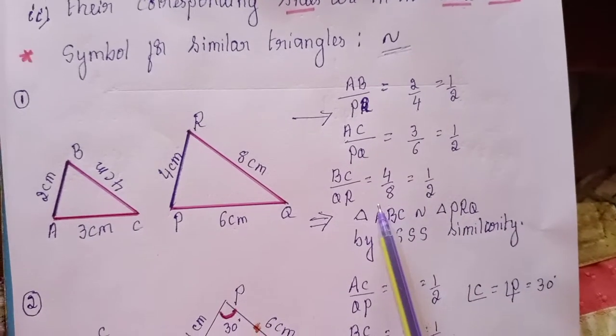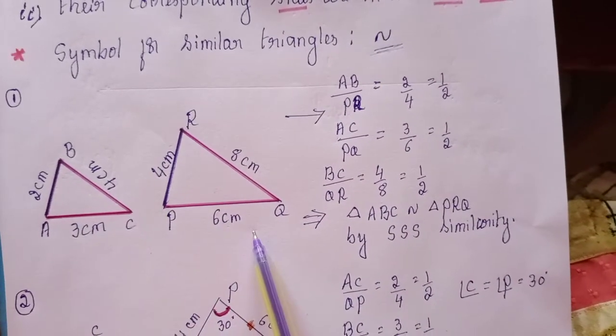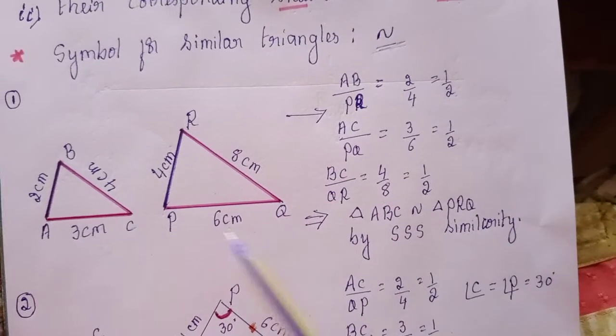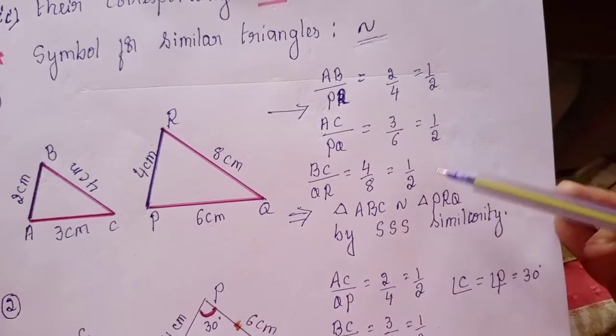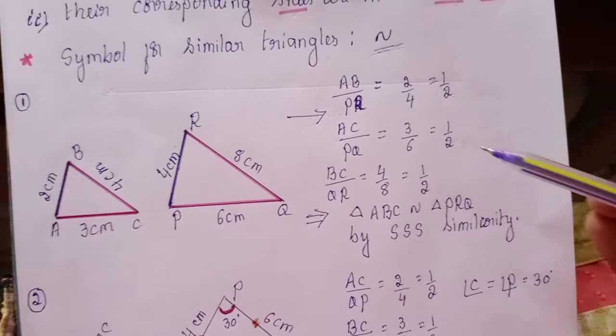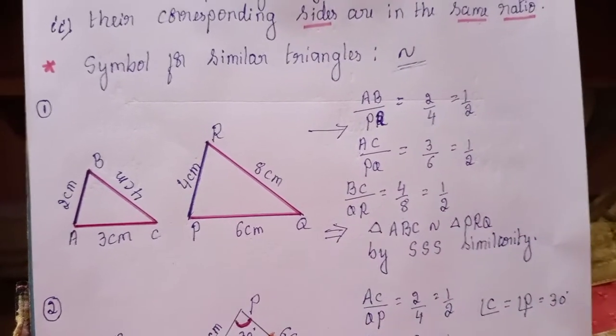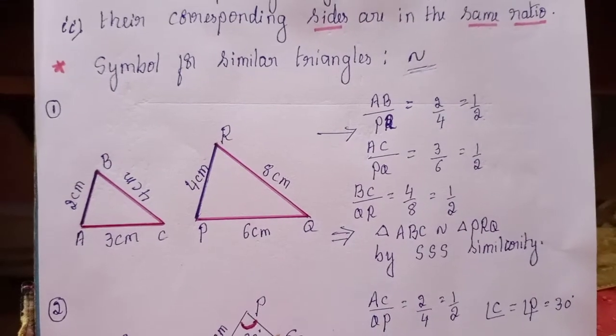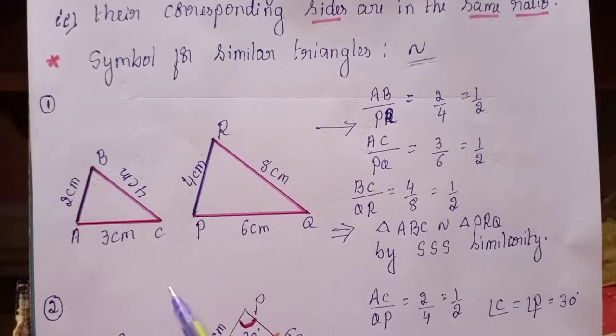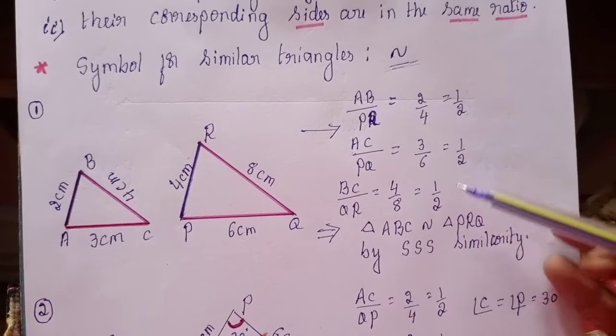So what you observed here is that the sides are not equal, but when you divide the corresponding sides, the ratio is equal. This is the main difference between congruence and similarity. In congruence the sides are equal, but in similarity the corresponding sides are in the same ratio.